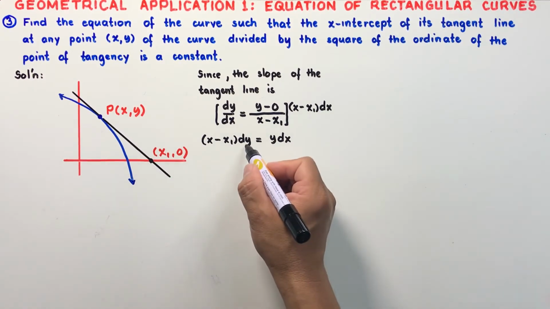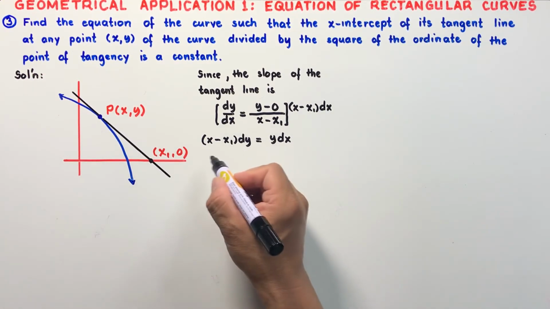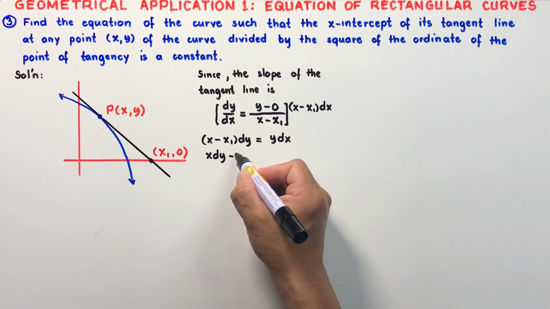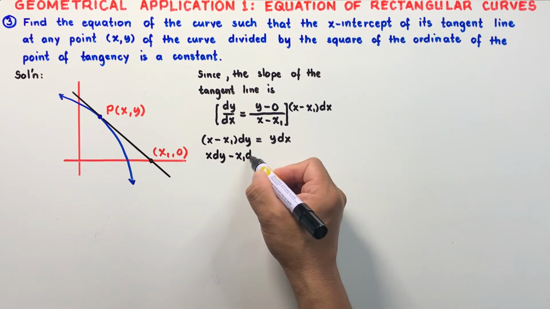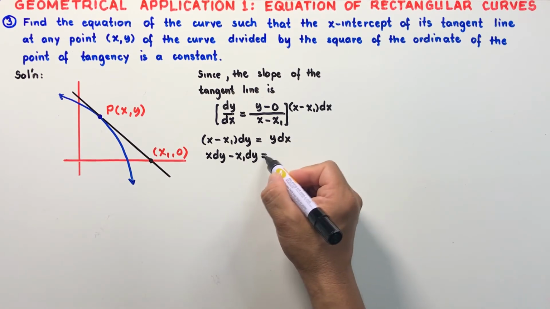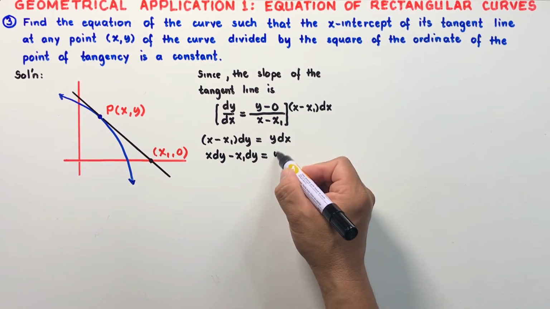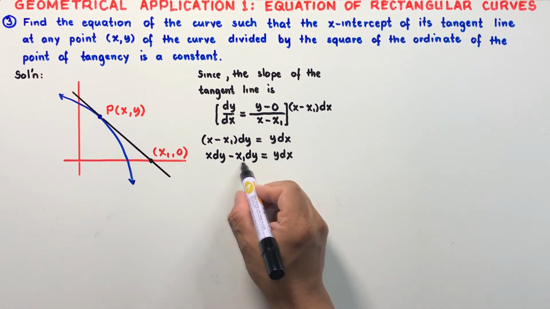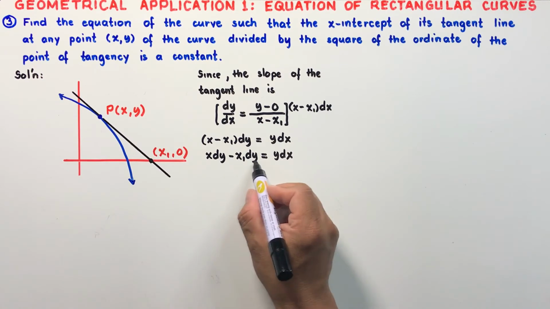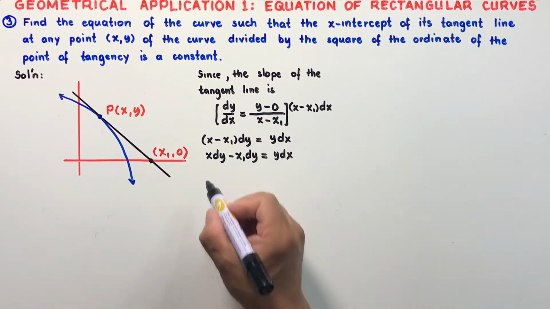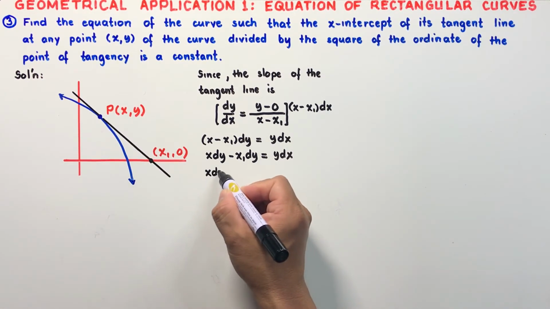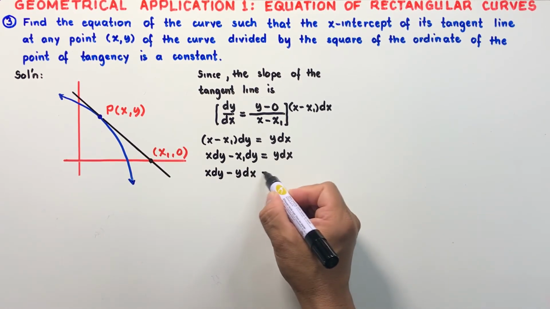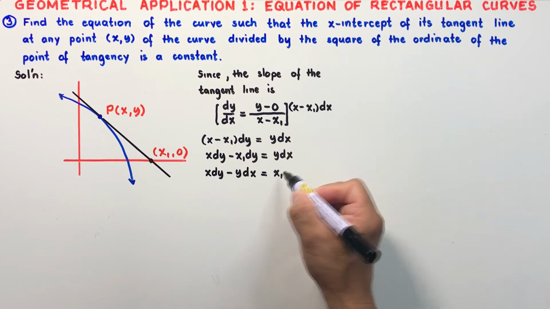And distributing this dy to this binomial, we have x dy minus x sub 1 dy, and this is equal to y dx here. And isolating this term here, because this contains x sub 1, we have x dy minus y dx, which is equal to x sub 1 dy.